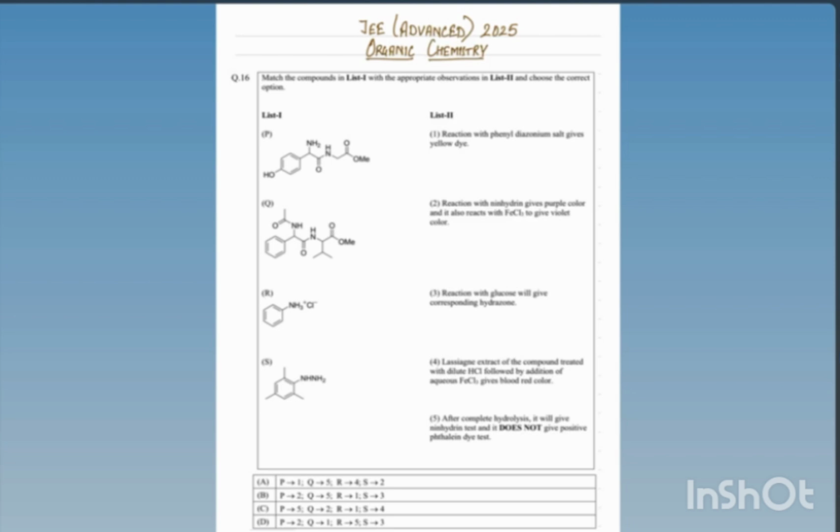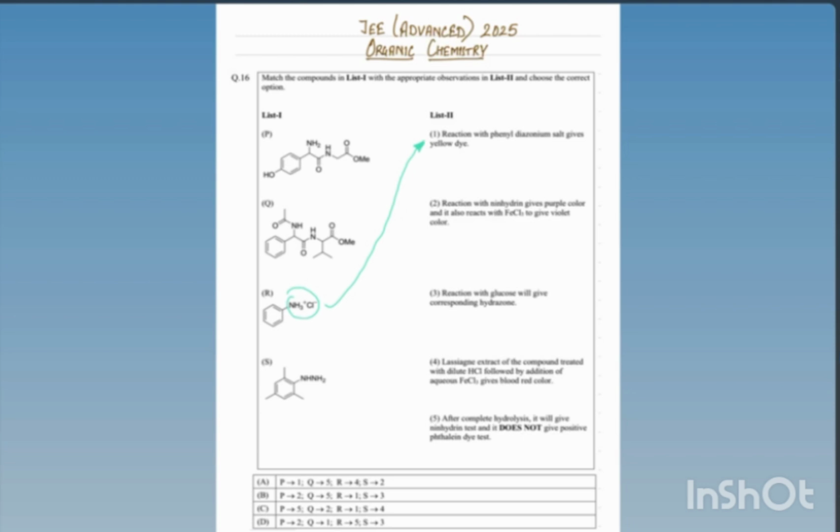That's why the aniline should be in the molecule. So it is matching with this. Only this molecule has the aniline NH2 group with the benzene ring. That's why for R it should be the first option.